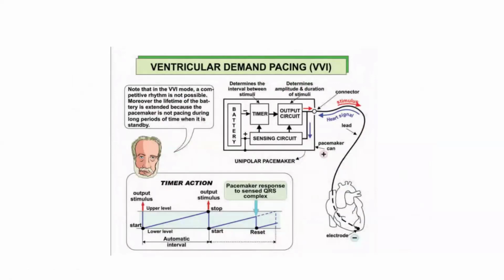What's meant by inhibition? Like here in this lower diagram, the pacemaker fires and it starts counting the same interval like before. If during this interval there is no QRS complex or there is no intrinsic activity, the pacemaker will fire when it reaches the number of the fixed milliseconds, as we said, like 1000 milliseconds.